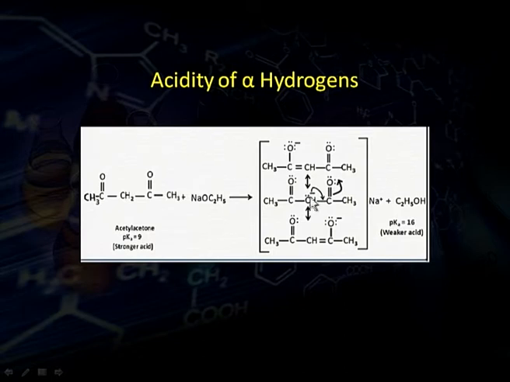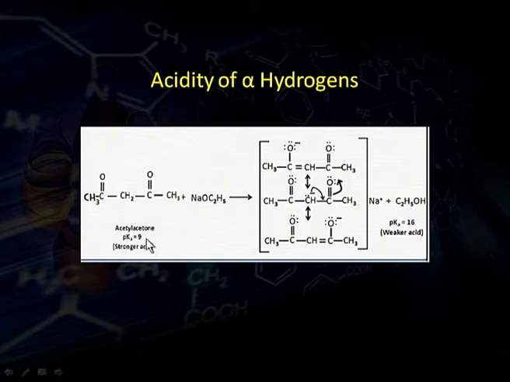This anion is stabilized through resonating structures, with the electron shift in this way, and this structure is obtained. On the other side also, this negative charge is in conjugation, so this second structure is produced. So, acetyl acetone is stabilized through these three resonating structures, and it forms ethanol whose pKa value is 16, and the pKa value of acetyl acetone is 9.